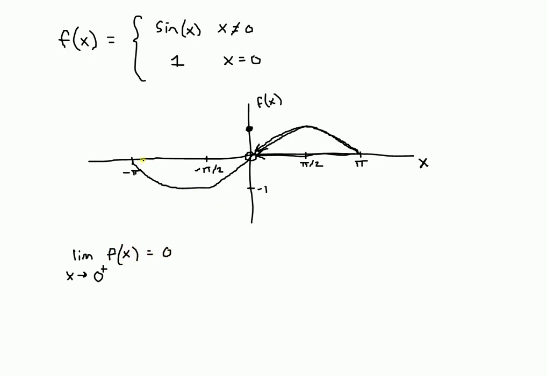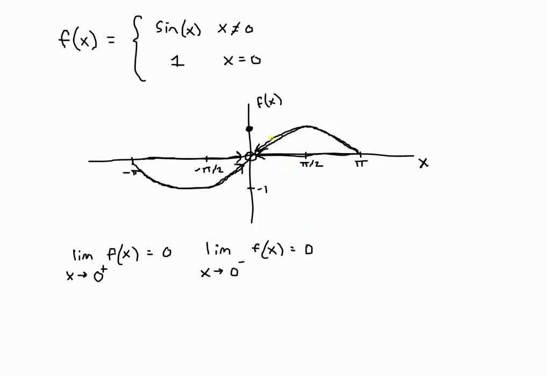What about from the left? x is approaching 0 from the left. That means that f of x, what's it going towards? It's going towards 0 again. So the limit as x approaches 0 from the left of f of x is also 0.